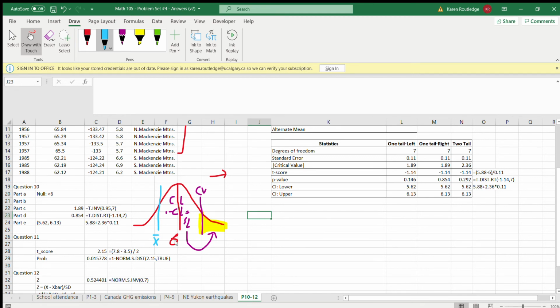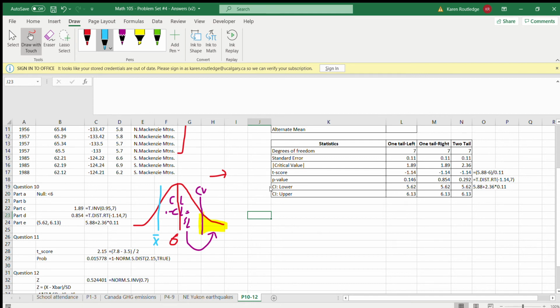So from these two things, our sample mean, x bar, and our critical value, we can do our first run at determining whether or not we should reject or fail to reject the null hypothesis. We have x bar. It does not cross the critical value. It is not more extreme. In fact, our critical value was 1.89. We're at 1.14. So even if you chose the wrong direction, it would still not be as extreme as the critical value.